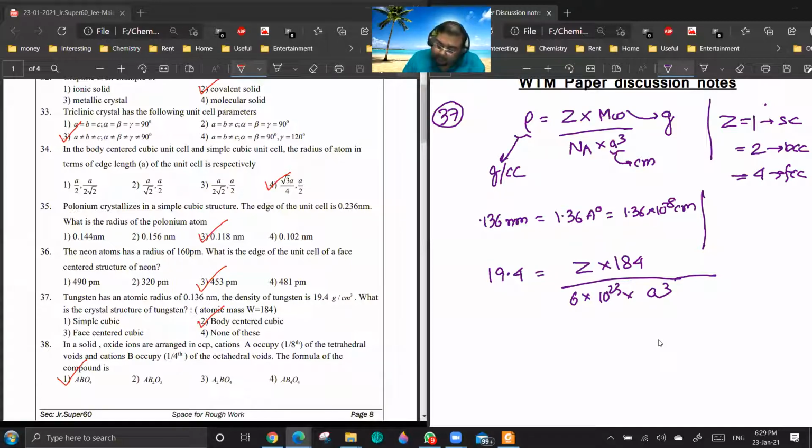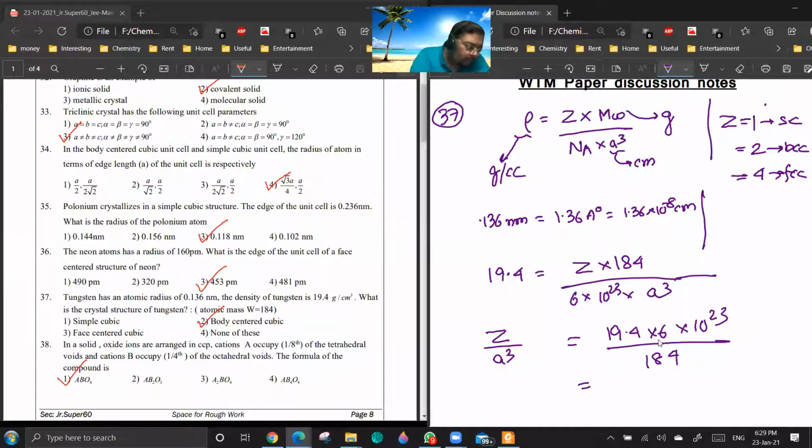So okay, let us try. What's there in not trying? 19.4 into 6 into 10 power 23 by 184. Let me just try this: 19.4 into 6 divided by 184.